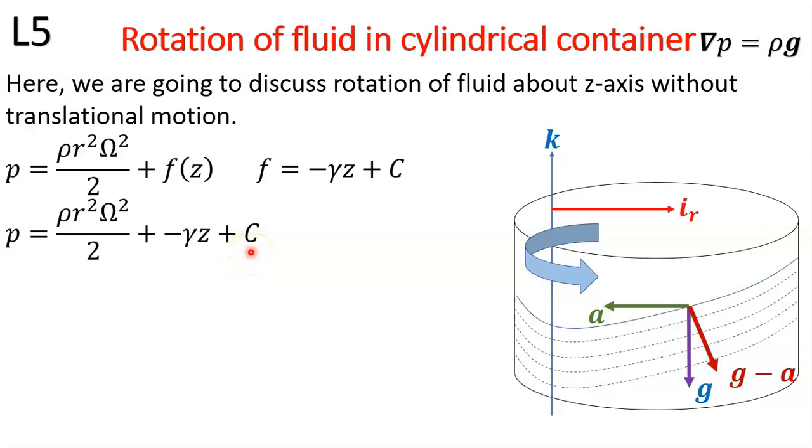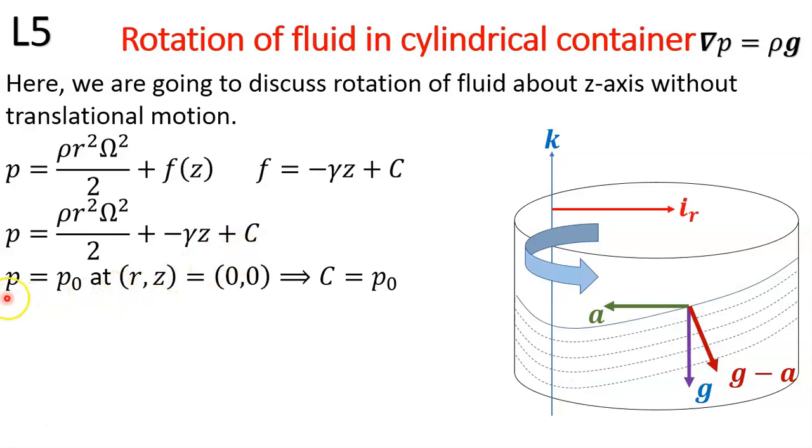That can be estimated using a boundary condition, and we shall consider that the pressure at the center, about the axis, is P0, and the coordinates of that point, r, z equal to 0, 0, become the origin of the coordinate system, in which we are having one variable r and another variable z.